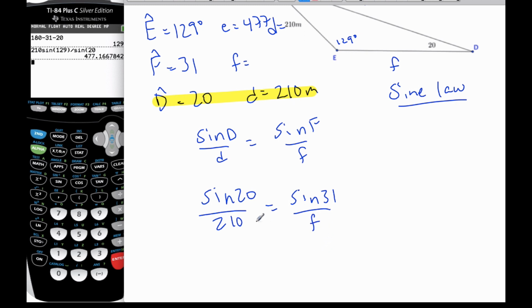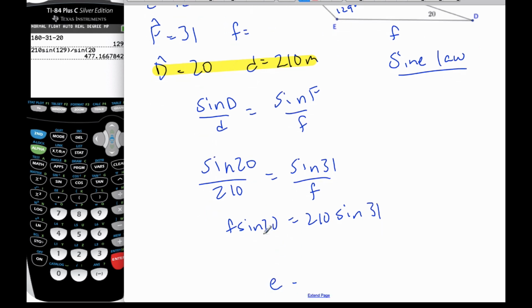Again, I cross multiply as I did before. I get f sine 20 is 210 sine 31, divided again by the sine of 20. That cancels. And then for f, I'll put it into my calculator.